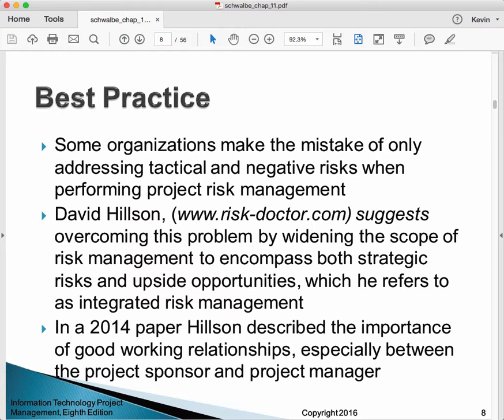In a 2014 paper, Hilson described the importance of good working relationships, especially between the project sponsor and the project manager. And I think this really gets at one of the most important issues in risk management from my point of view, and that's this.